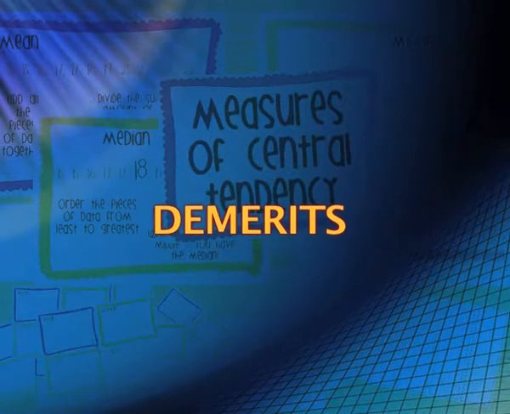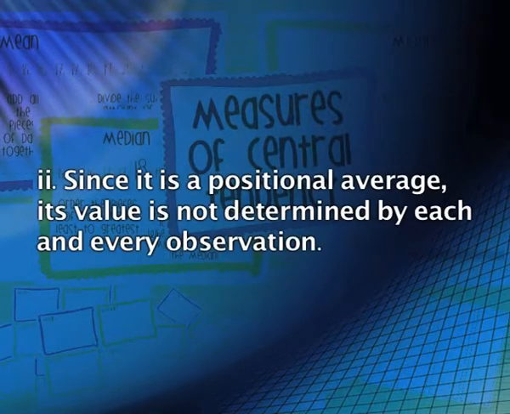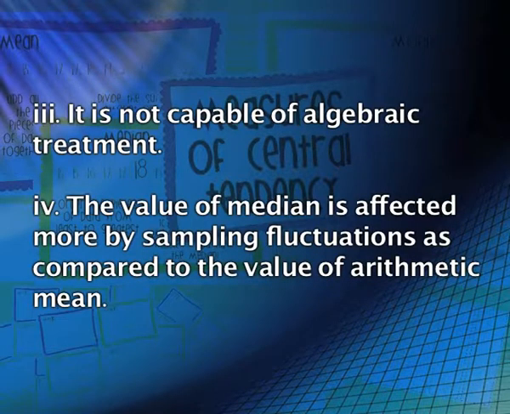Now we'll see some of the demerits as well. The first one, for calculating median, it is necessary to arrange the data. Other averages do not need any kind of arrangement. Second point, since it is a positional average, its value is not determined by each and every observation. Third point, it is not capable of algebraic treatment.